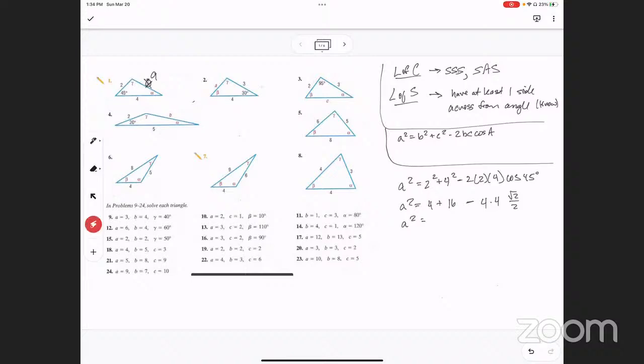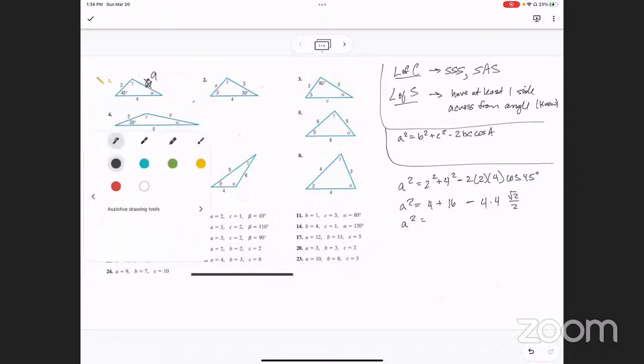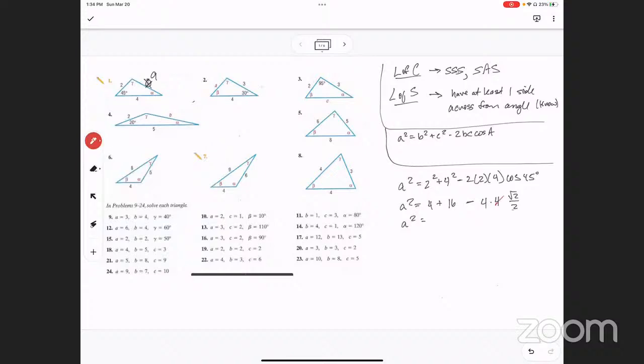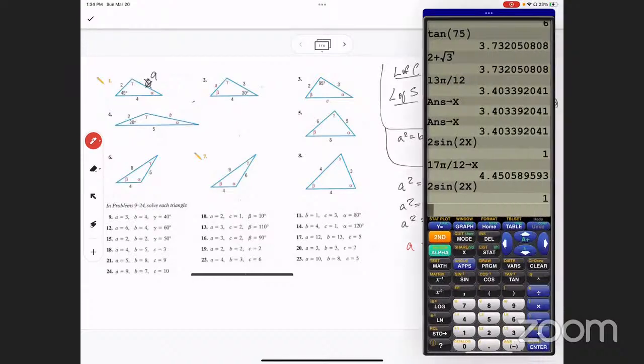So A squared equals, first multiply. Actually, first let's cancel that 4 with the 2 so that we have 2. So we have 20 minus 8 root 2. And then we take the square root of that. So A equals the square root of 20 minus 8 root 2. It's probably okay to write it in decimal form.